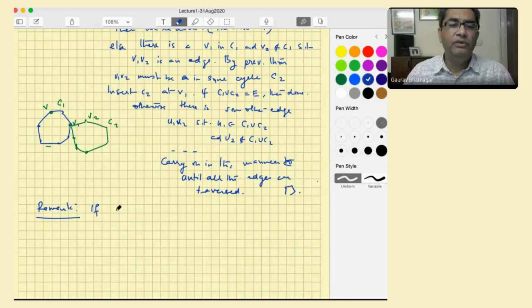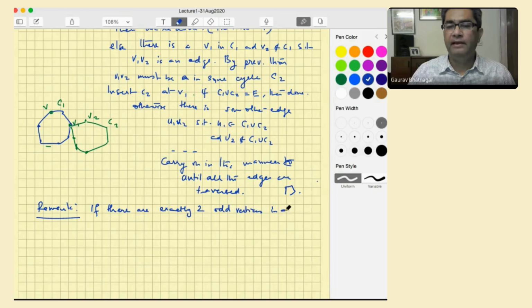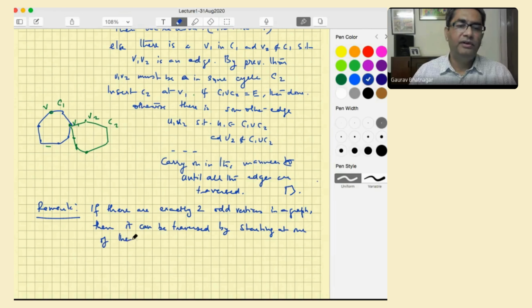So now coming back to Königsberg. If there are exactly two odd vertices in a graph, then it can be traversed by starting at one of these vertices and ending at the other.